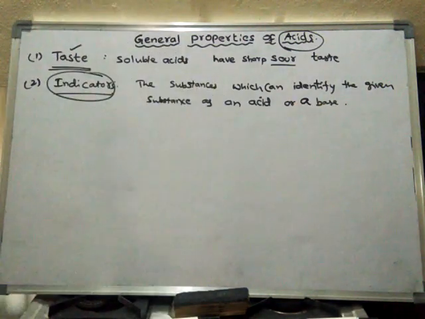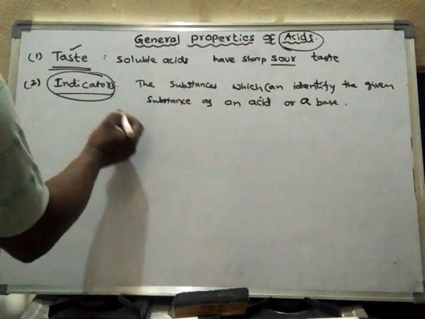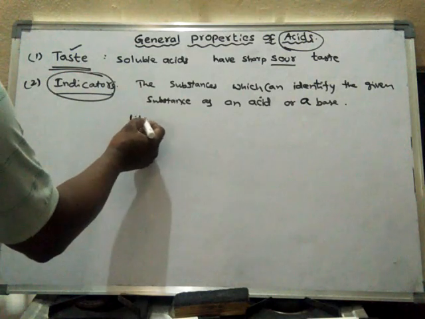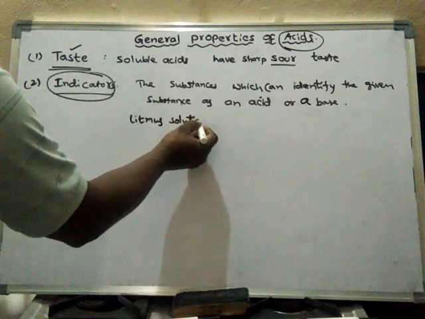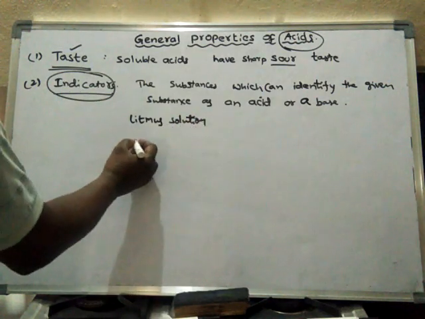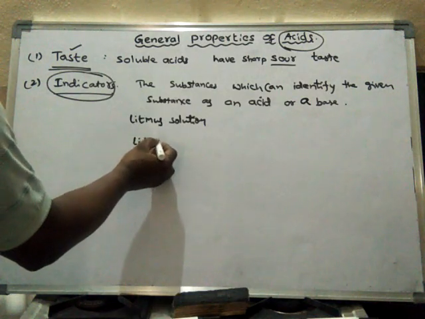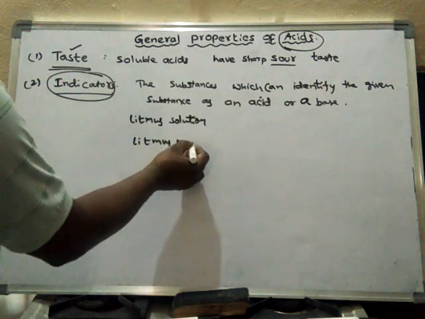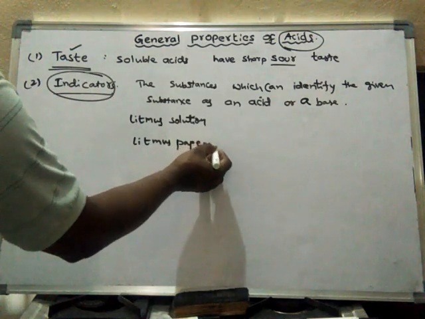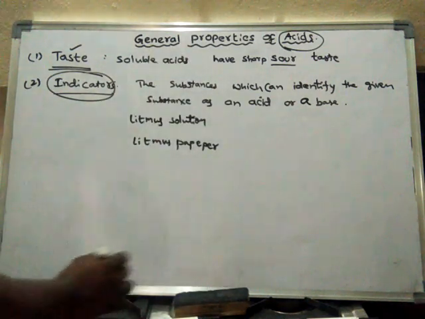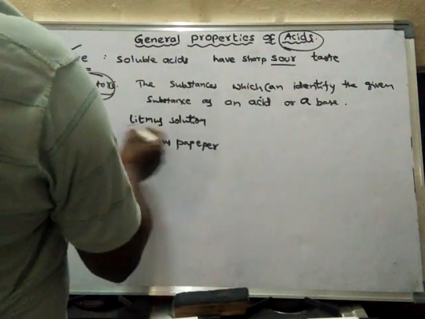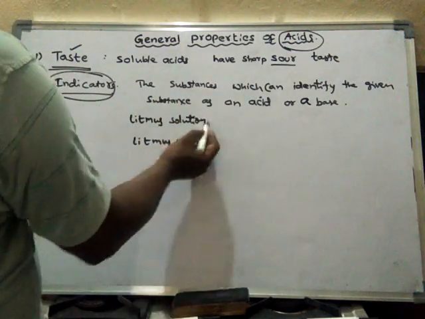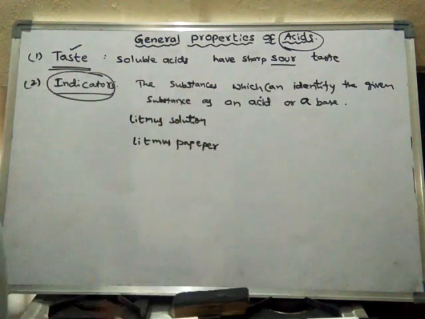There are so many indicators in nature. One indicator is litmus solution. Simple indicators are litmus solutions and litmus papers. Litmus solution is an indicator, and litmus paper is also an indicator.